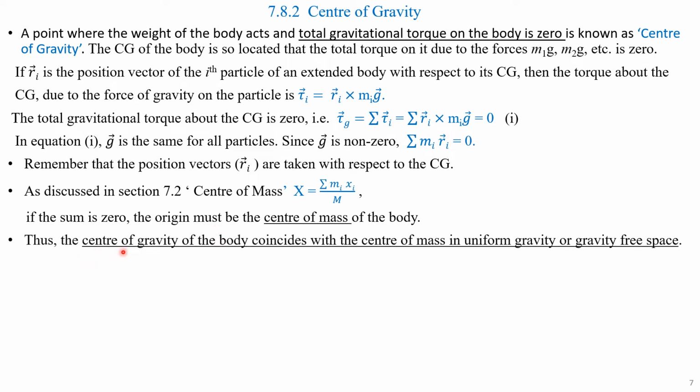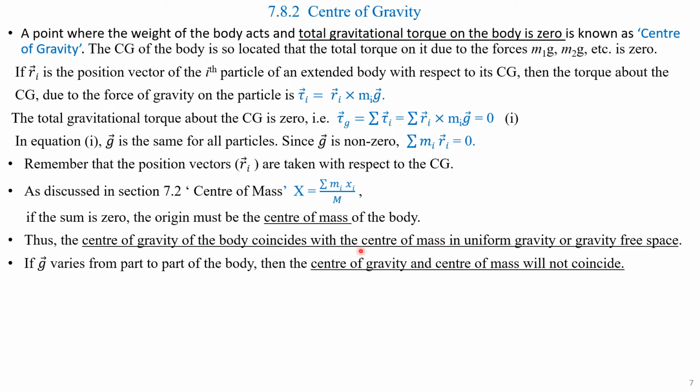Thus, the center of gravity of the body coincides with the center of mass in uniform gravity or gravity-free space. That means if the body is in uniform gravity, or if the body is located in gravity-free space, then the center of gravity coincides with the center of mass.